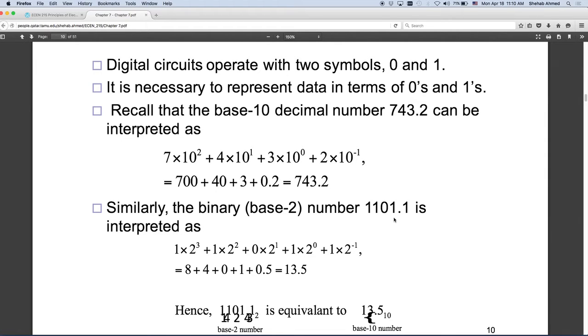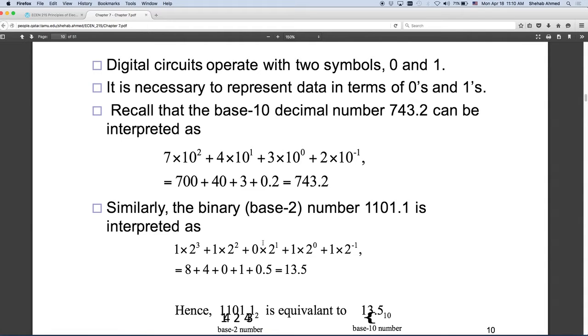How do I represent 2? 2 would be what? 2 to the 0 is 1, so I need one position at least. Do I need a second bit to represent 2?